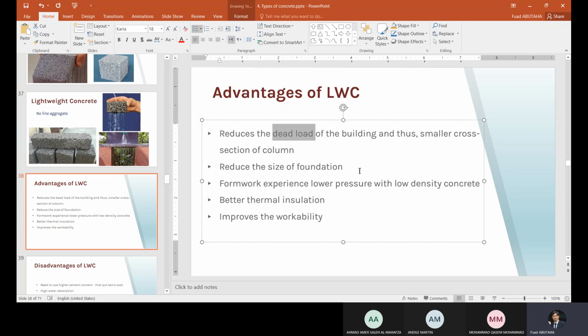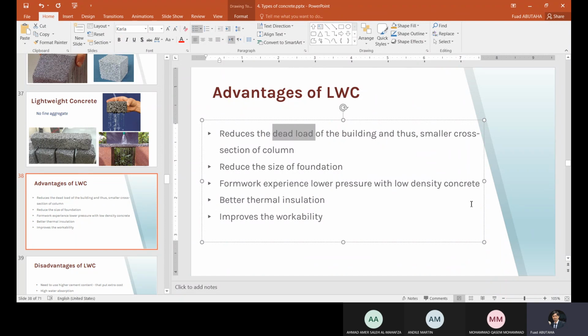When you design any structure, you calculate the load coming from the columns and the weight of the concrete, which you consider as dead load, and it is carried by the foundation. Since a high load means a big foundation size, and since we reduce the dead load, we reduce the size of the foundation.